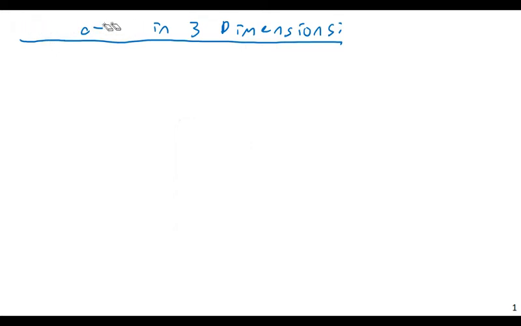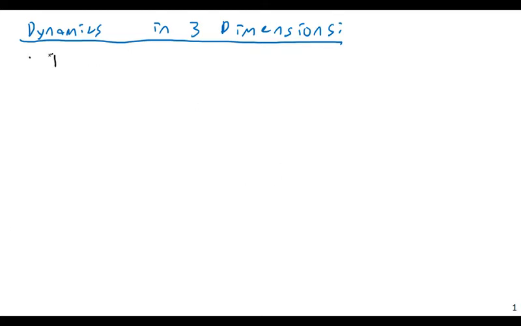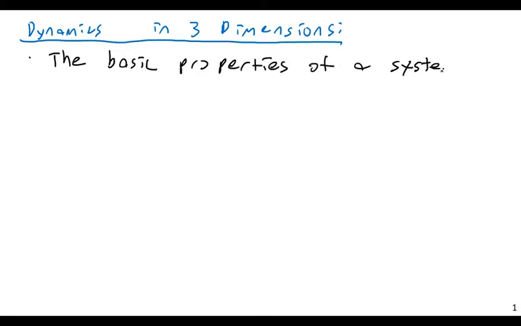I should just say dynamics in 3 dimensions, because I want to be a bit more general than that. So we did develop some basic relationships in 2-dimensional systems, but these can be extrapolated into 3 dimensions. The basic properties of a system in 2 dimensions can be extrapolated to 3.